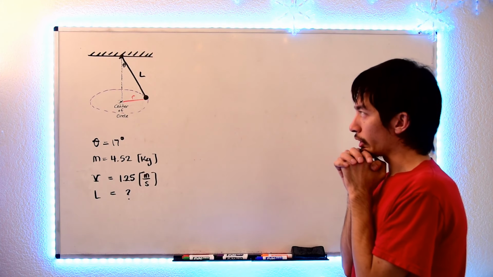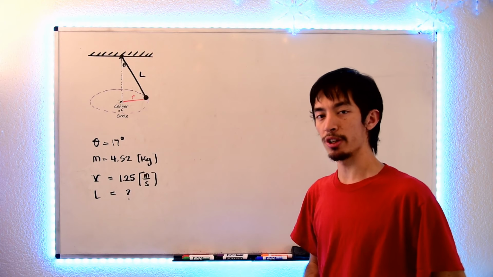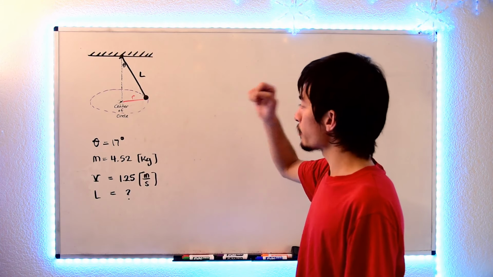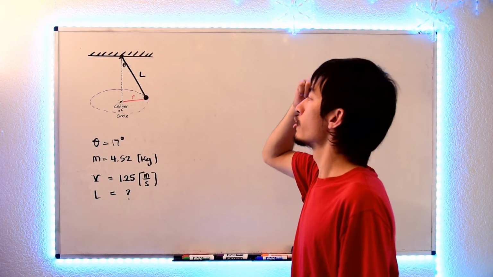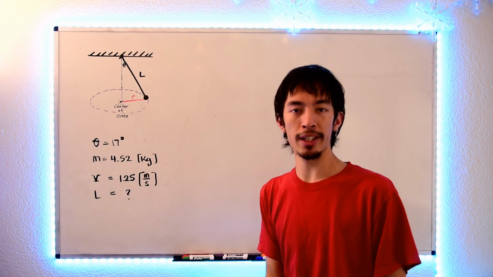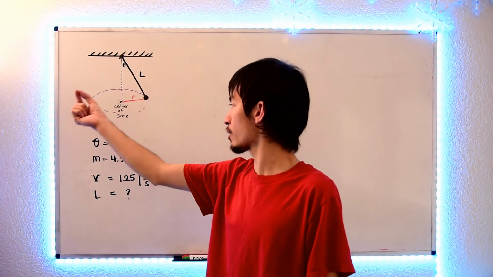Now, there's a couple things that you might want to think about when you're being asked to solve for L. Just to start off with, we should immediately recognize before anything else that there is circular motion in this problem. We have something that's going in a circle.